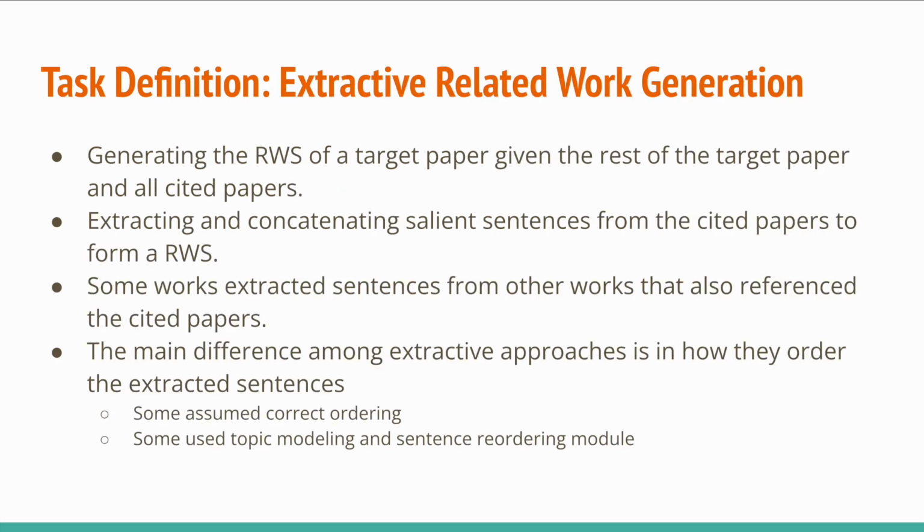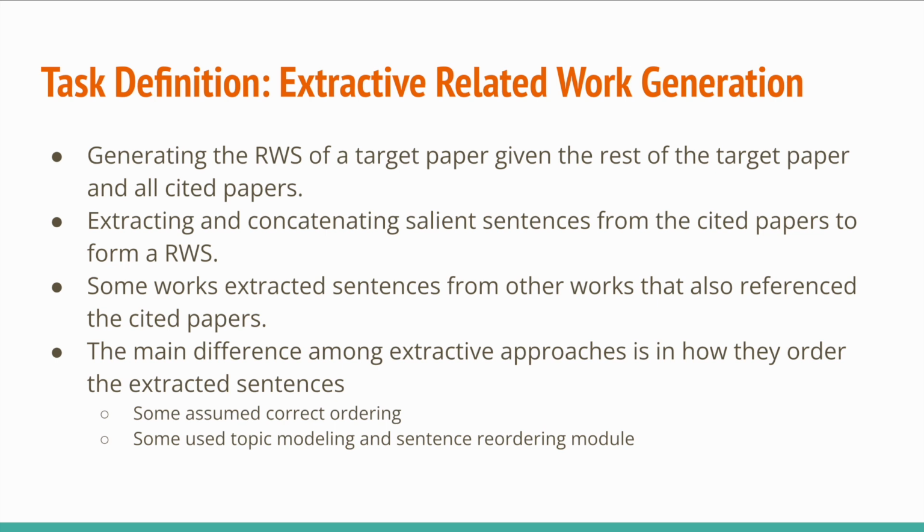Extractive related work generation refers to generating the related work section of a target paper given the rest of the target paper and all cited papers. This is essentially extracting and concatenating salient sentences from the cited papers to form a related work section.